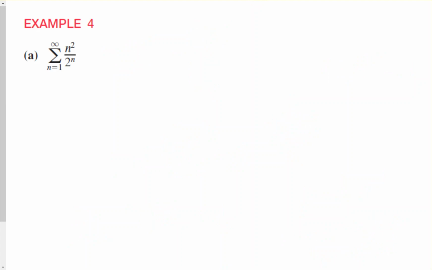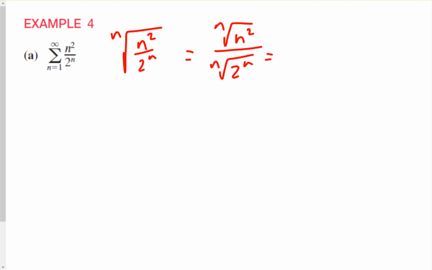Does this converge or diverge? Let's apply the root test to see what happens. So we take n squared over 2 to the n, and we apply the nth root. For the top, we have the nth root of n squared, and then the nth root of 2 to the n on the bottom.